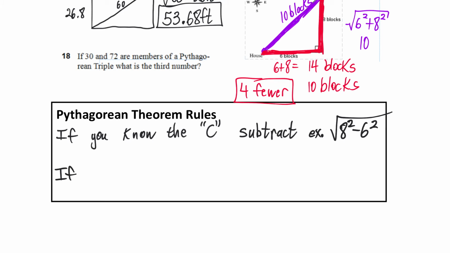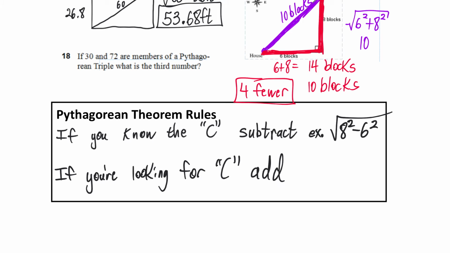Okay, if you're looking for C, you're going to add. As an example, it looks like this. 8 squared plus 6 squared.